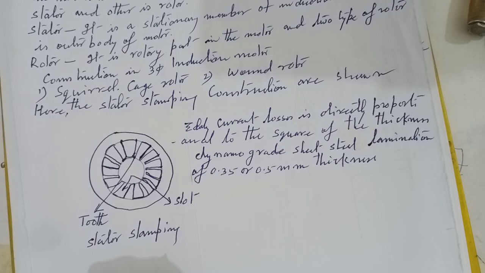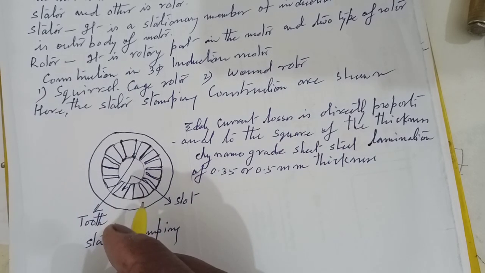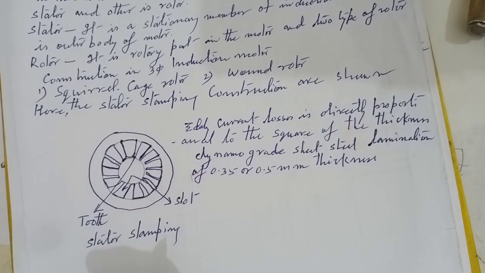The laminations are in the form of complete ring for small and medium size motor as shown in the figure. The stator core is made up of segmental lamination for large size motor.